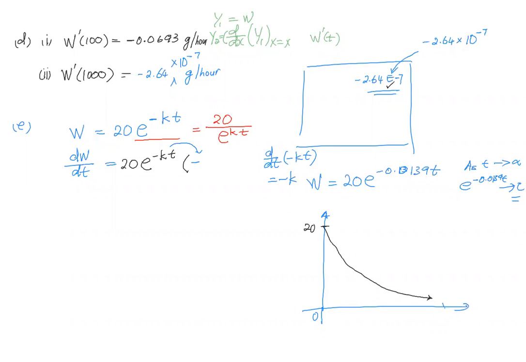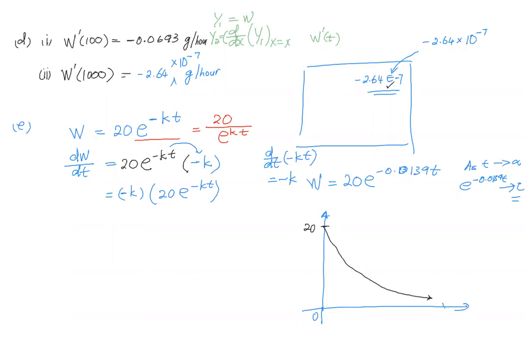So here I put negative k. So I got negative 20k e... Oh, sorry, I shouldn't write it this way. The reason I will tell you after. So I got negative k, then I have 20 e to the power negative kt.